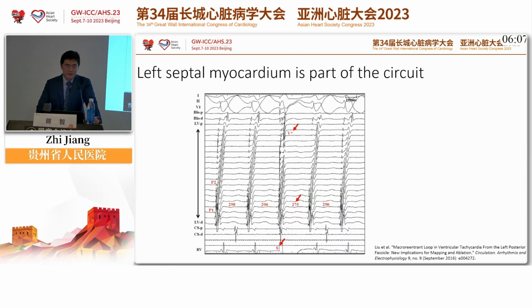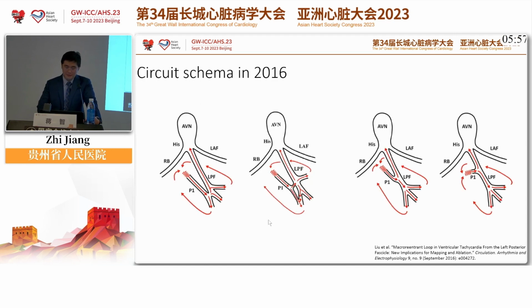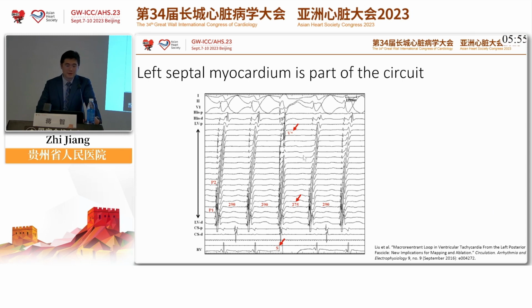In 2016, Dr. Liu Chang's group published the famous paper showing that the left septal myocardium is part of the circuit. They delivered an extra ventricular stimulus from the right mid-septum, and the extra stimulus captured the proximal left septum ventricle here, and then the cycle length was reset.